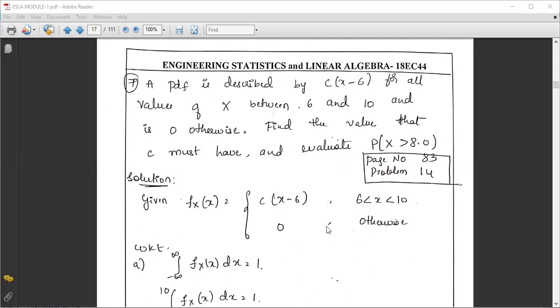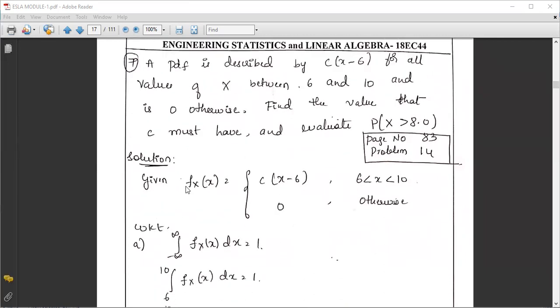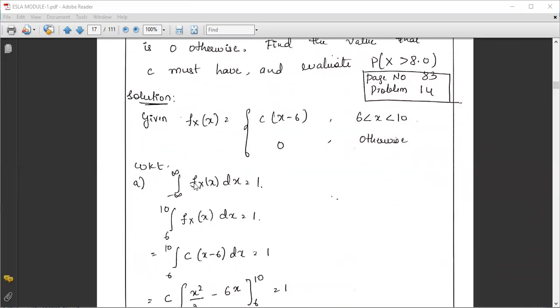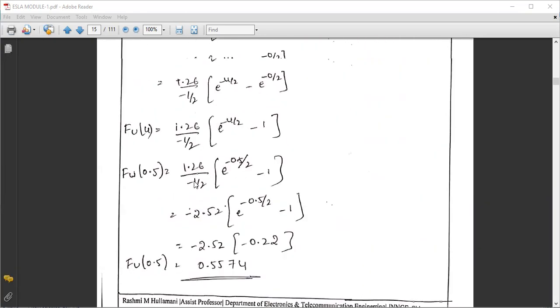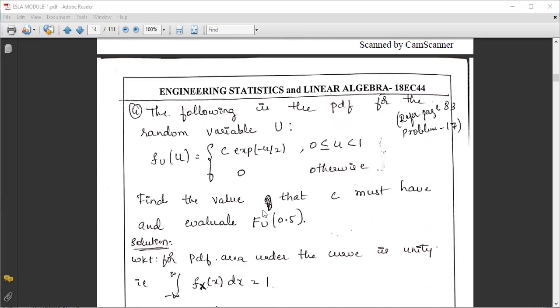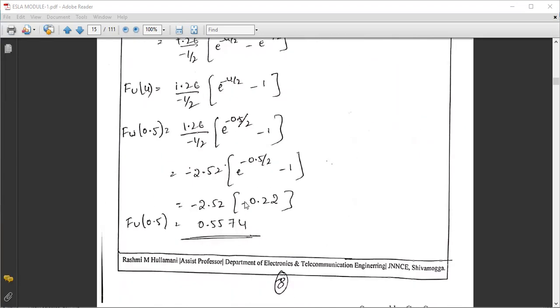The problem appears like this. First we have to find the value of c. We already know that the area under the probability density function curve is unity.